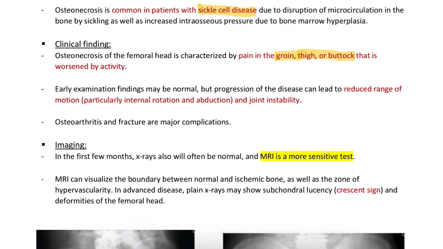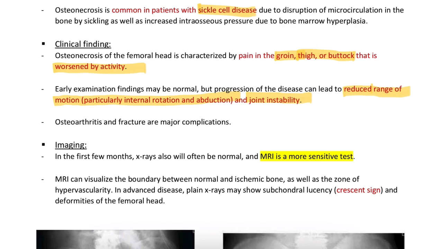The pain is worse with activity, and we can see limited range of motion, mostly in internal rotation and abduction. And we can see joint instability in later stages, not before.